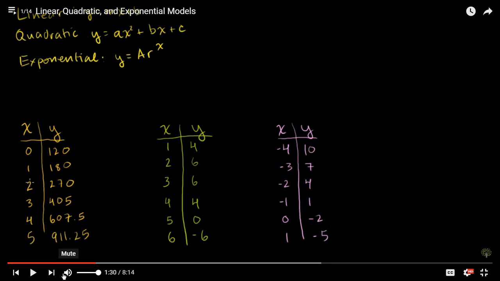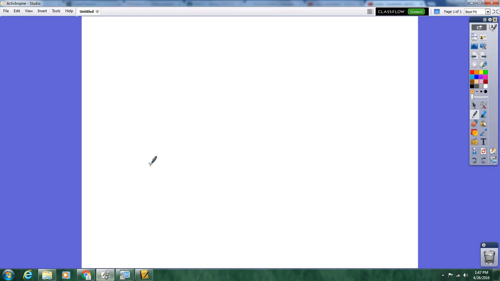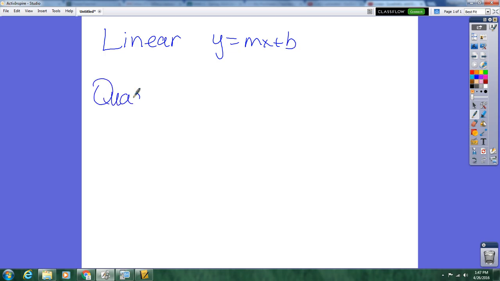On your ESC, you're going to have 3 different types of equations that you're going to be responsible for, just like he said. The linear, which you know is y equals mx plus b. The quadratic, in standard form, ax squared plus bx plus c.